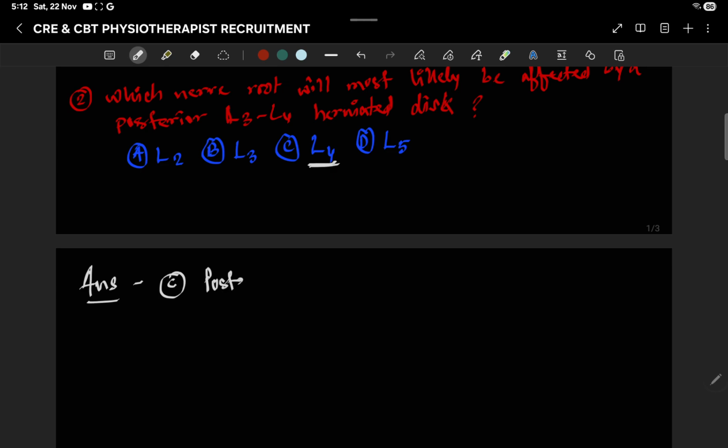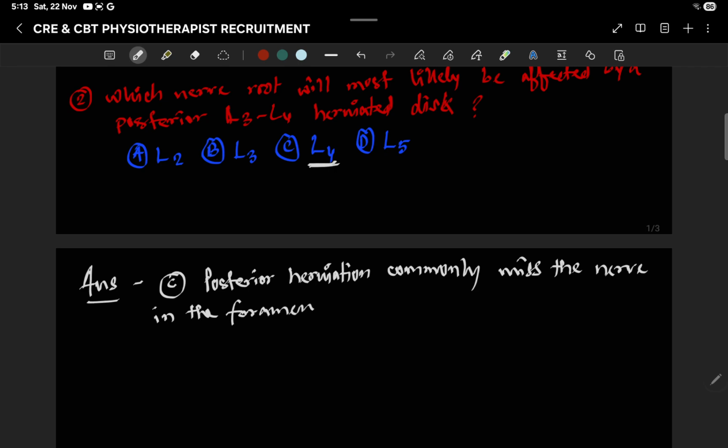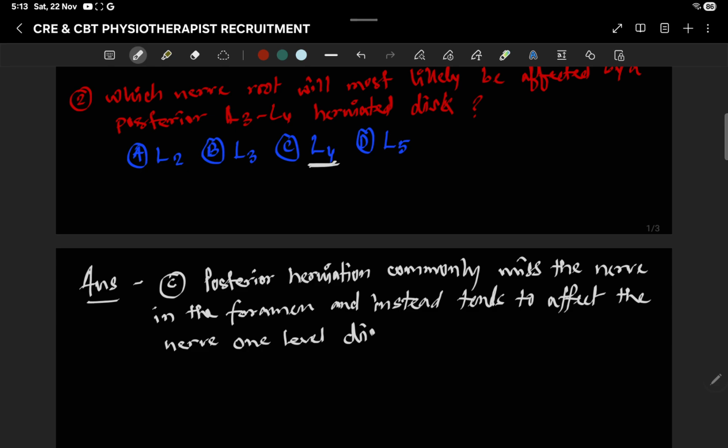Here the posterior herniation commonly misses the nerve in the foramen and instead tends to affect the nerve one level distal.